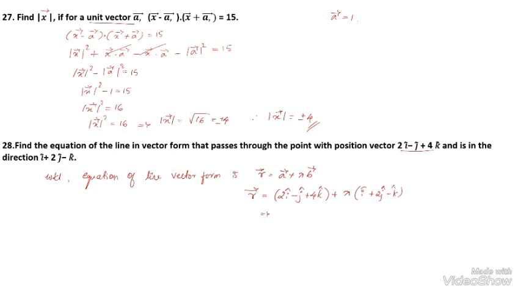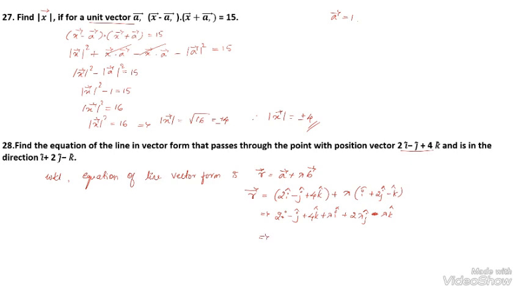Now taking the values here, 2i cap minus j cap plus 4k cap, I can multiply lambda on each value: lambda i cap plus 2 lambda j cap plus minus lambda into k cap.